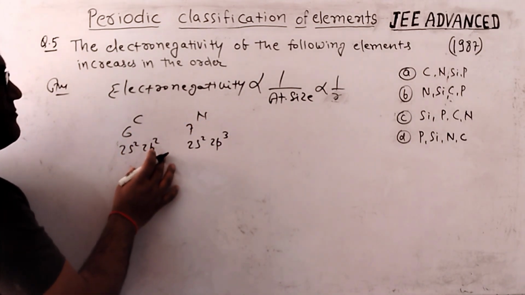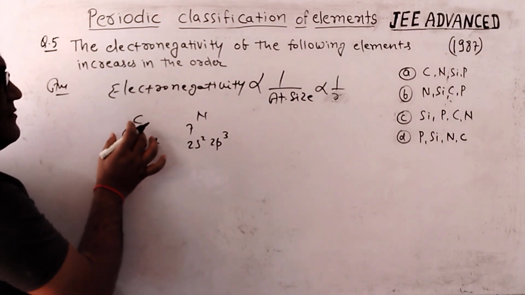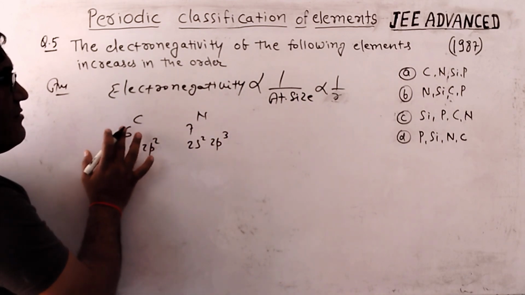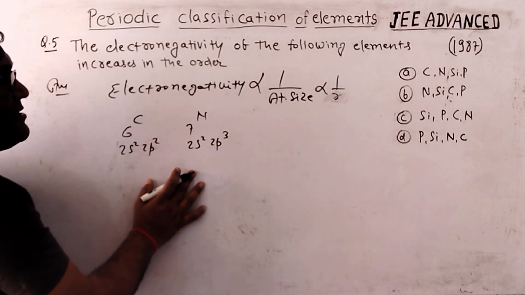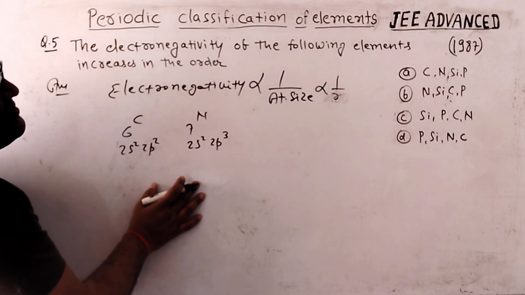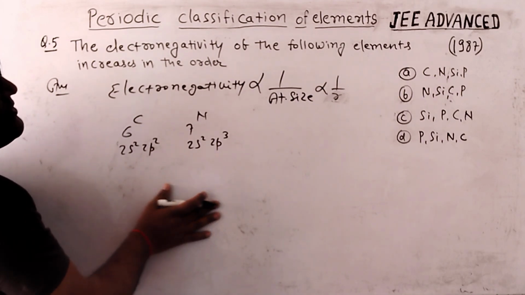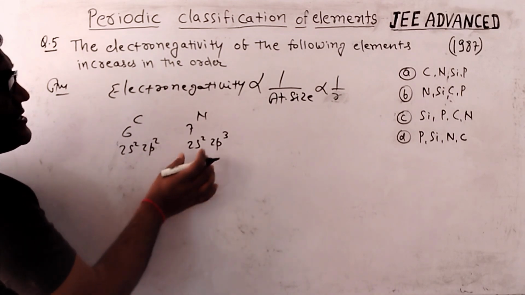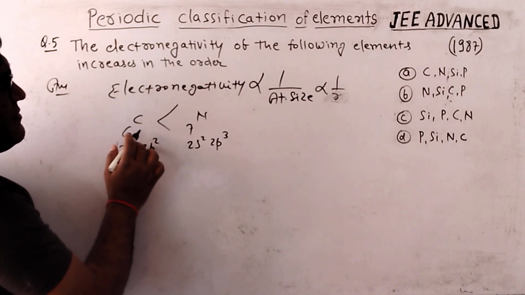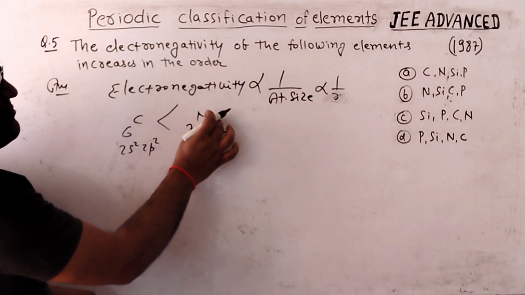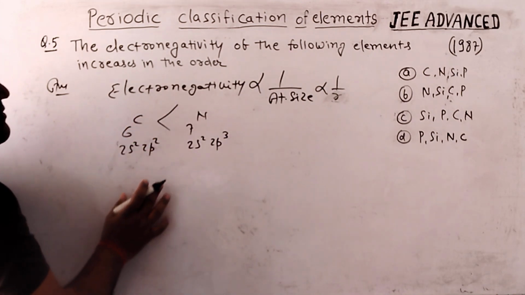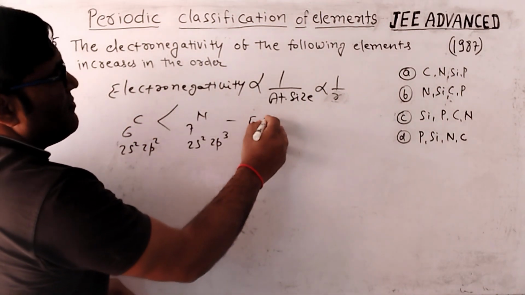So in the same period, left to right, with increase in atomic number and nuclear charge of elements, whenever nuclear charge increases, atomic size decreases. So with a small size, more electronegativity occurs. So nitrogen is more electronegative than carbon because the size of nitrogen is less than carbon. Now this is the order of electronegativity.